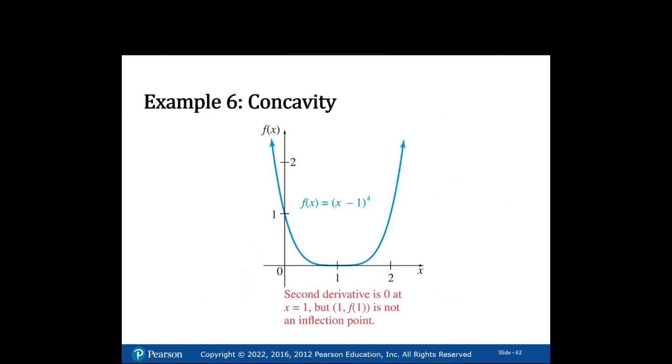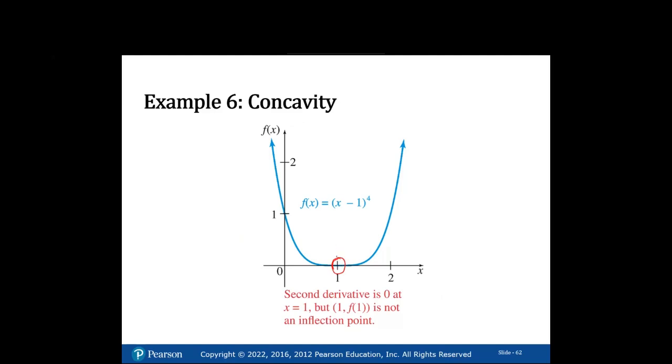Here is a little bit of a tricky one. So here, the second derivative is 0 at x equals 1, but f of 1 is not an inflection point, right? So if we find it here, f of 1 is right here.